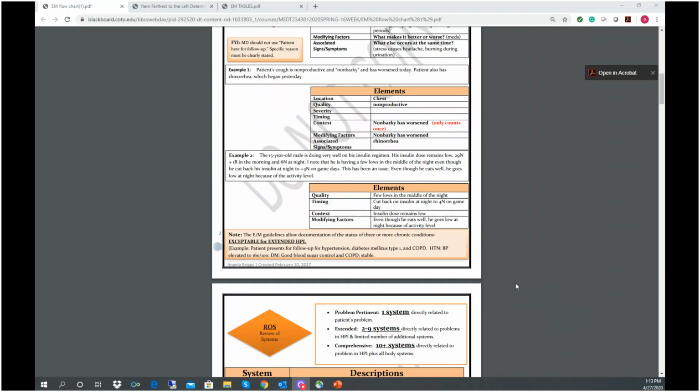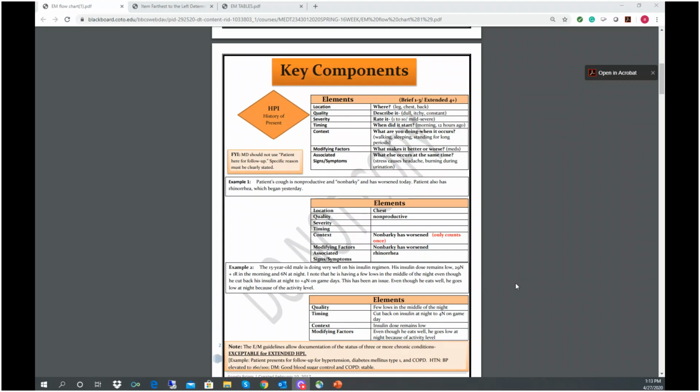Our first key component is going to be the HPI, which is the history of present illness. What's included here is location, quality, severity, timing, context, modifying factors, and associated signs and symptoms.